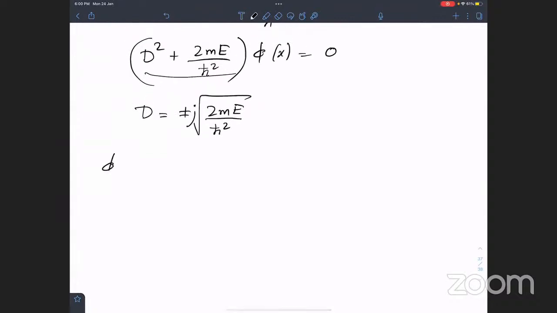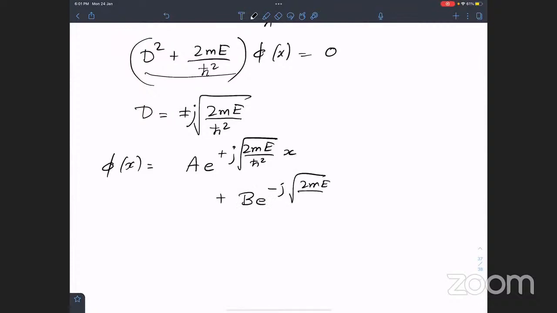Then my final solution is A into e to the power plus j root of 2mE by h bar squared times x, plus B into e to the power minus j root of 2mE by h bar squared times x.